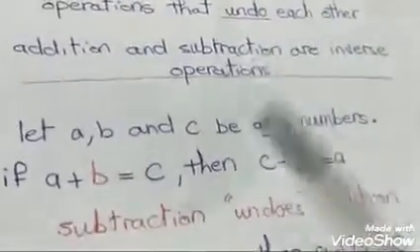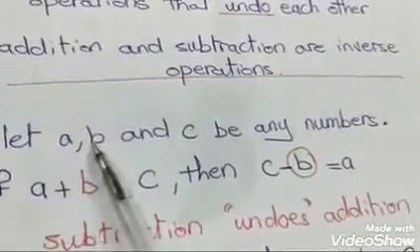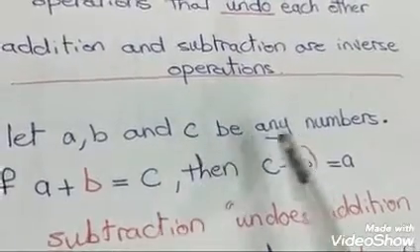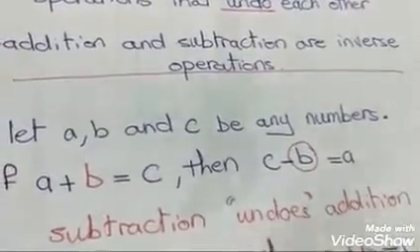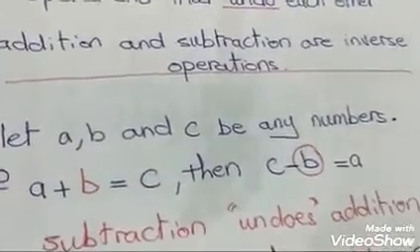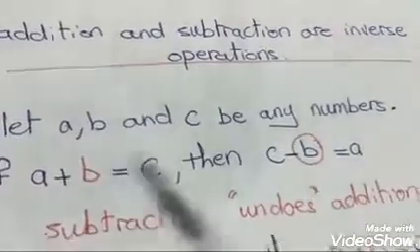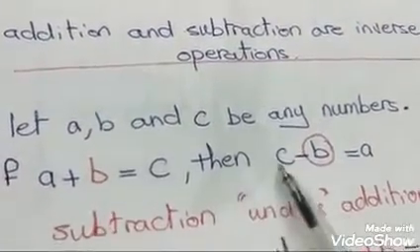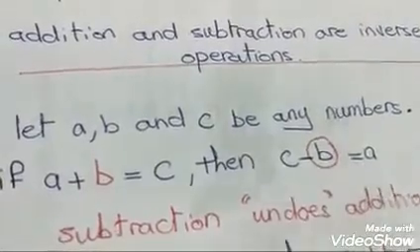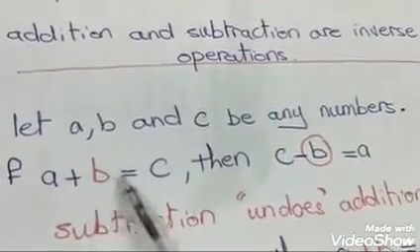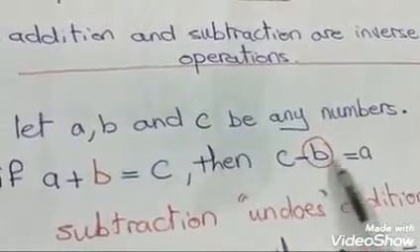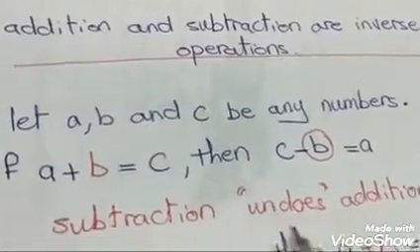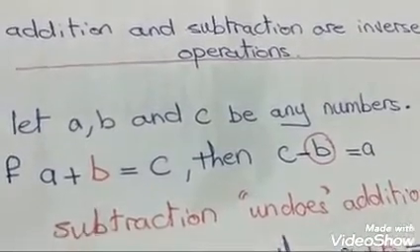Now we'll see how. Let A, B and C be any numbers. If A plus B equals C, then C minus B equals A. Subtraction undoes addition.